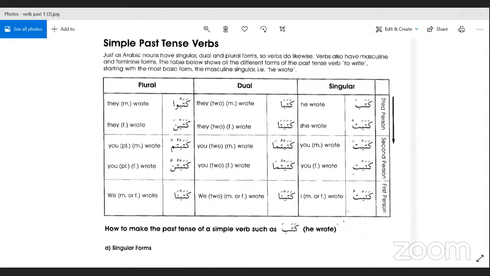Fatahna, they all opened, feminine. Fatahta, you opened. Fatahtuma, you two, masculine, opened. Fatahtum, you all opened, masculine. Fatahti, you feminine opened. Fatahtuma, you two feminine opened. Fatahtunna, you all opened, feminine.